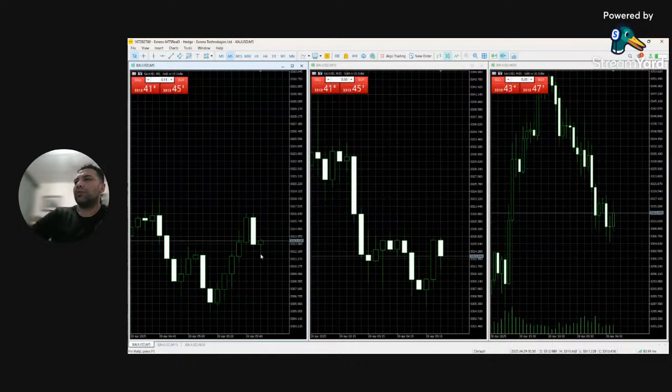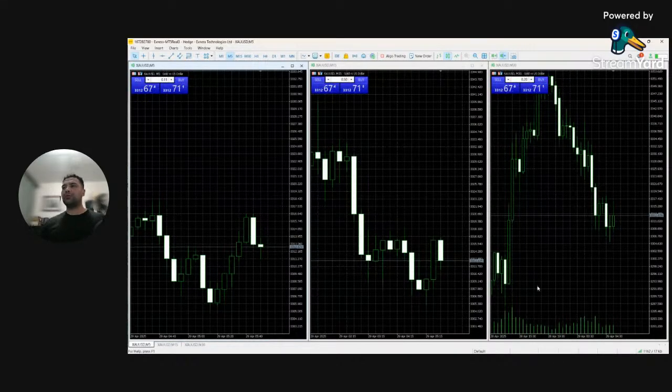So it doesn't look like it would have been going on the downside. Right now we have to stop and let this 5 minute candle form.